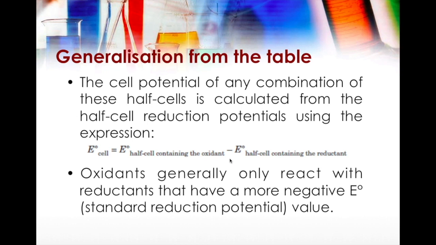But don't get confused, it's actually the same thing. It's just a different way of looking at it. If you're using this formula, we do not have to reverse any of the signs, but we do have to realize that this is oxidant minus reductant, which means the species undergoing reduction will minus the species undergoing oxidation. Okay, so don't get confused.